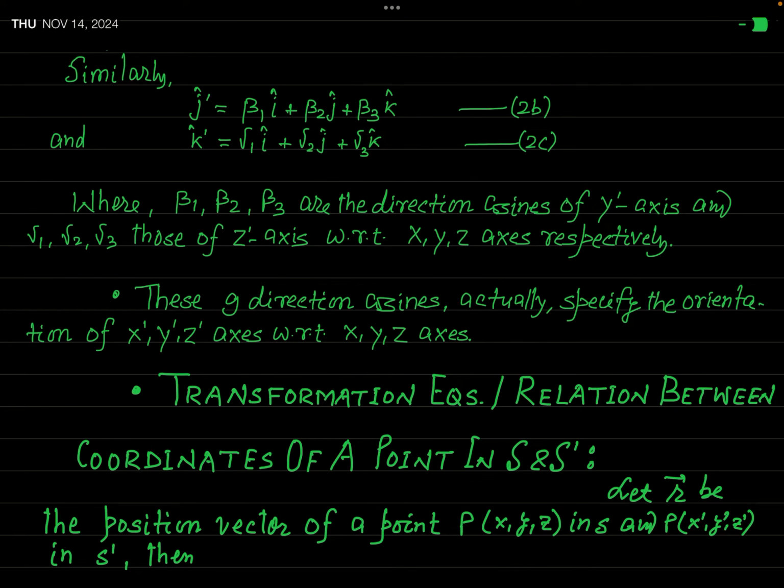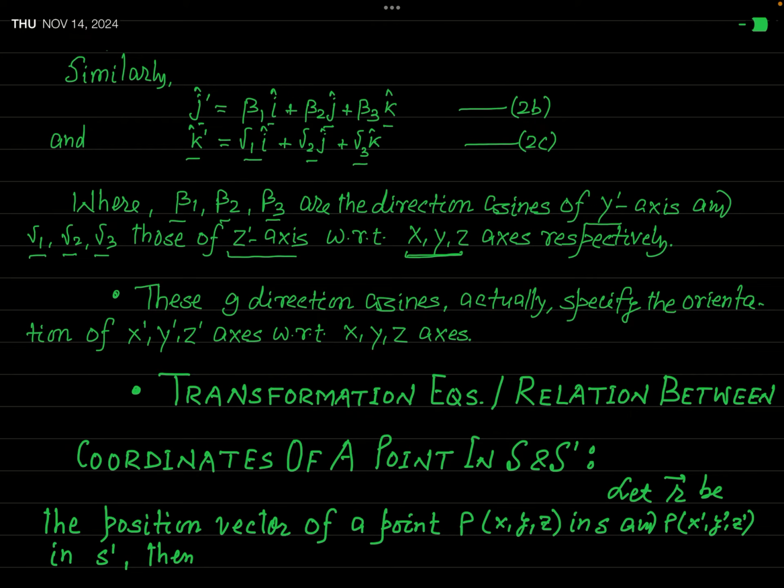If you consider that beta 1, beta 2 and beta 3 are the direction cosines of y dashed axis, or j dashed unit vector, with respect to x, y, z axes, and gamma 1, gamma 2 and gamma 3 are the direction cosines of z dashed axis, or k dashed unit vector, with respect to x, y, z axes, then on the same line you can write that j dashed will be equal to beta 1 i plus beta 2 j plus beta 3 k, and k dashed will be equal to gamma 1 i plus gamma 2 j plus gamma 3 k.